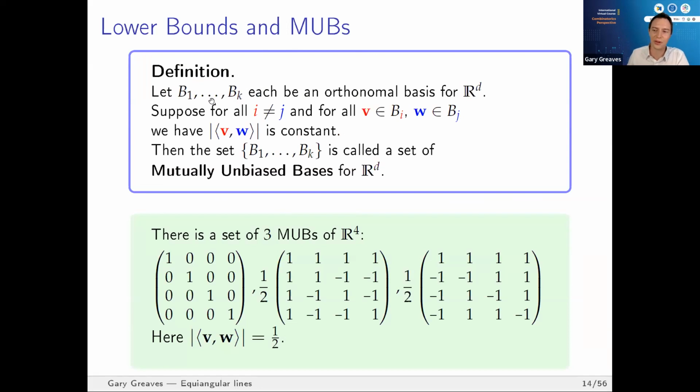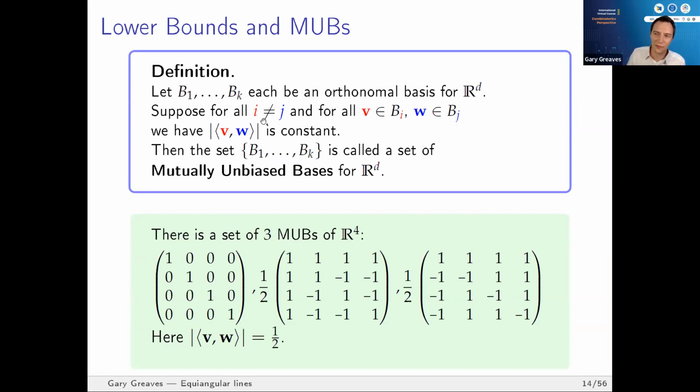So here comes the definition. We start with a bunch of orthonormal bases for R to the D. So we have B1, a basis for R to the D, so is B2, all the way up to BK. So we have these K bases and they're all orthonormal bases. Now we're going to insist on this very special property. The extra condition is here.